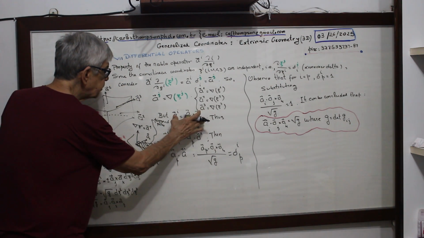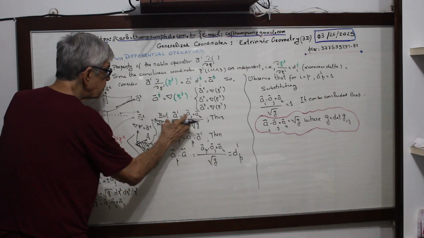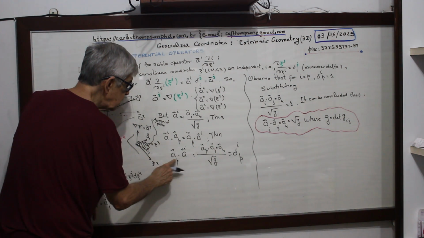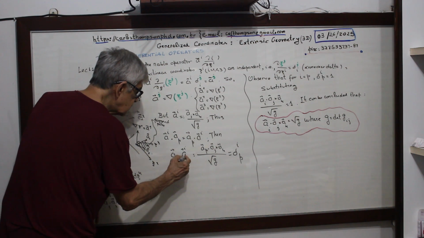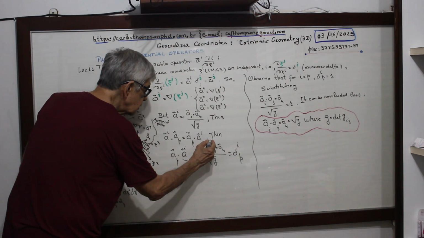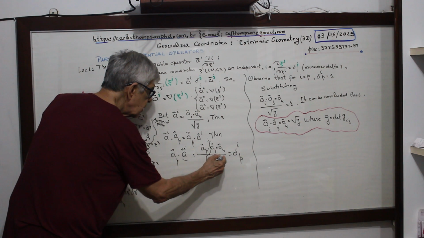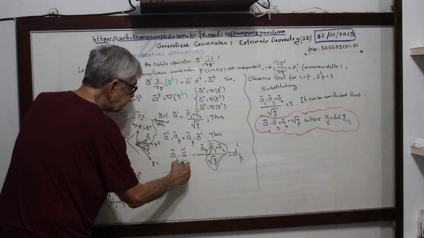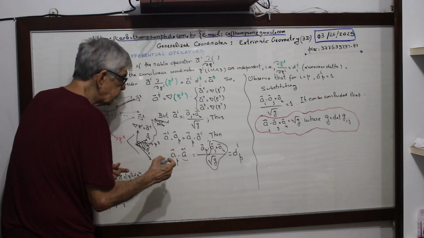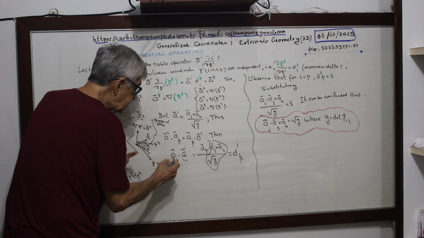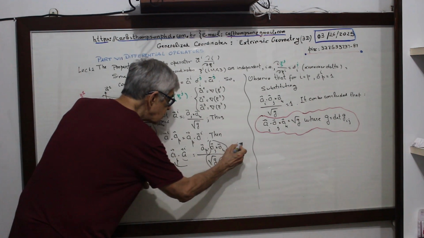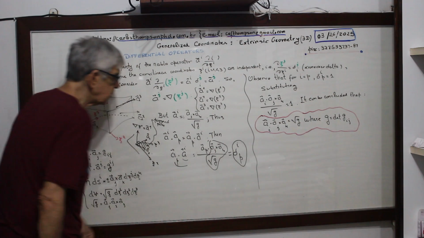Now, you see here, I multiply both sides by AP. You see, AP, AI. This is AI over here. So this is AP dot AI. Okay? So now AP dot AI is just delta IP.